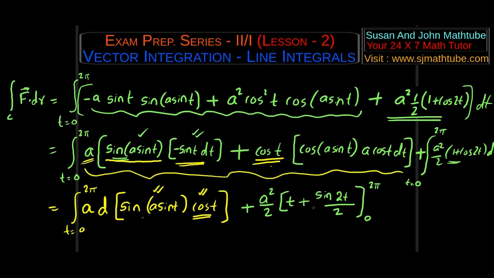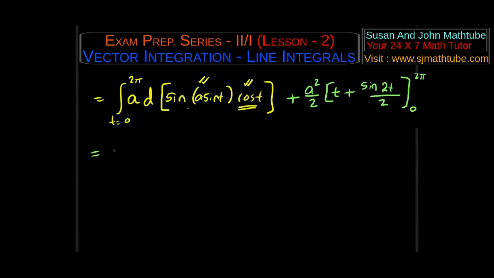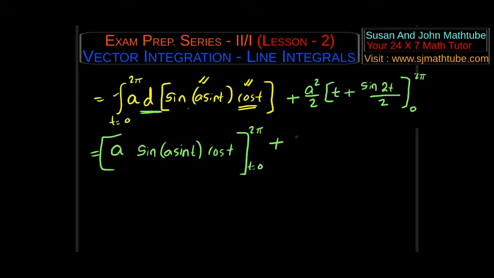Okay, so let's go for the next step. So this is equal to a times, I told you, the integral and the differential. So you're going to get sine a sine t cos t within the limits t equal to 0 to 2 pi, plus a square by 2.